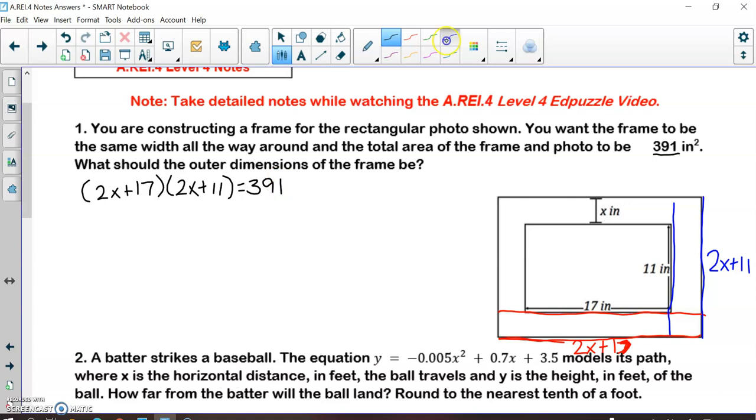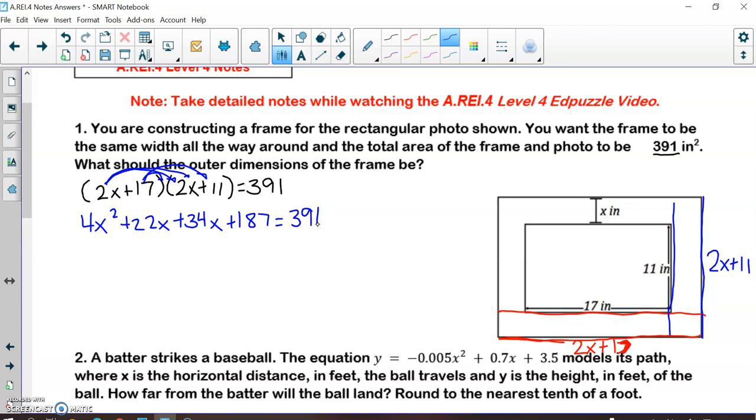So I'm going to need to FOIL. Doing a FOIL here, I wind up with a 4x squared plus a 22x plus a 34x plus a 187 is equal to 391.